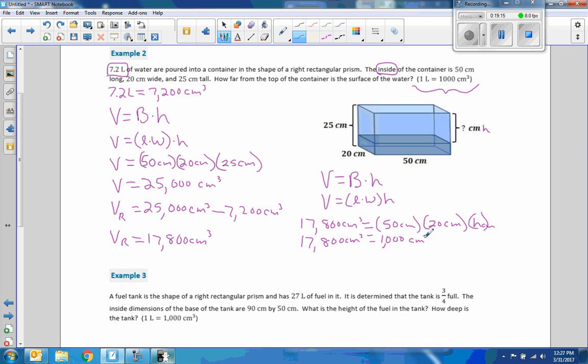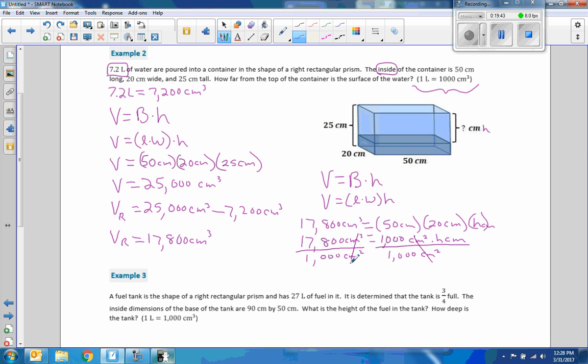Okay, so that's centimeters squared times H centimeters. So if I divide both sides by 1,000 centimeters squared, now watch what's going to happen here. This is why it's so important to write your unit of measurements. Centimeters times centimeters is centimeters squared. Centimeters squared divided by centimeters squared cancels.